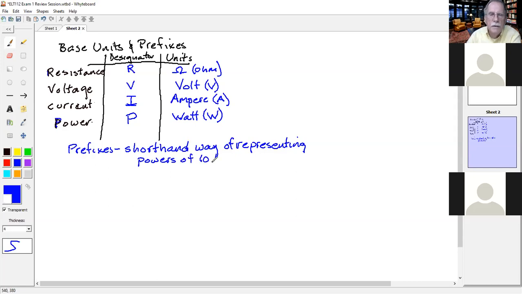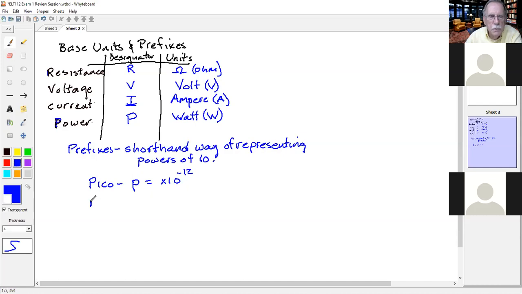So instead of writing times 10 to the whatever, we can use a prefix. And the common ones, if we think about small values, if we work our way down, we have pico, which is P, and that equals times 10 to the negative 12th.